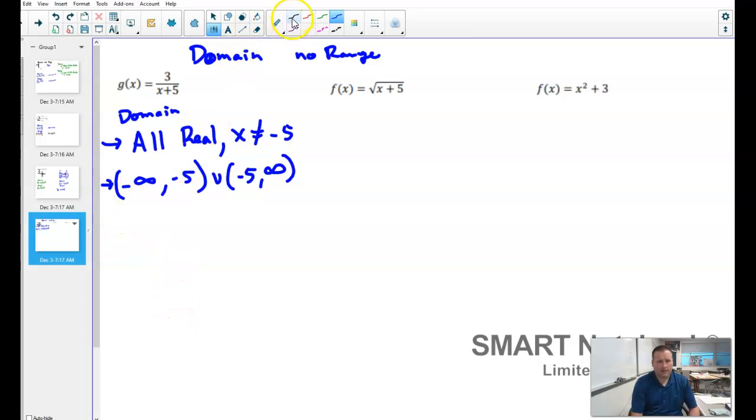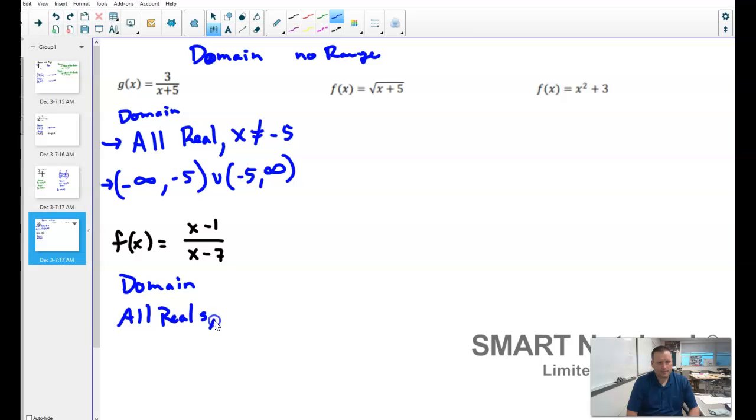So let's say I had another one here. Let's put another one down here that's a fraction. Let's say I had f of x is equal to x minus 1 over x minus 7. So this one's domain would be all reals, except for x cannot equal positive 7 in this case, because it's only the denominator.